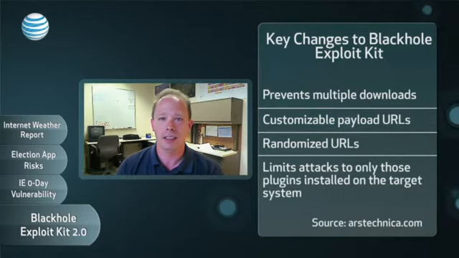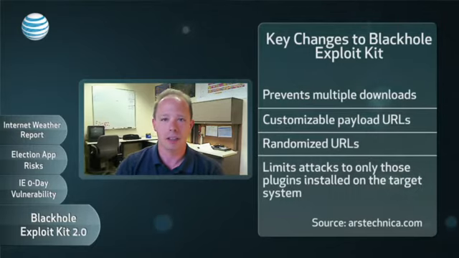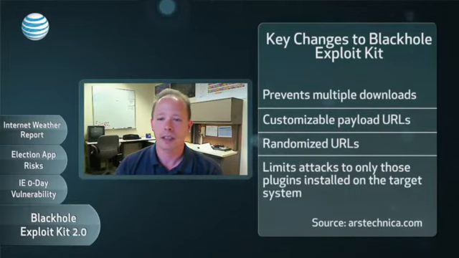And that was a pretty clear indicator that it was probably a Blackhole Exploit Kit landing page when you looked in your HTTP traffic. They've changed that now, so you can basically make it whatever you want, as long as it ends in .php. They've also added some other features where it can randomize the URLs if you want. So each time somebody new goes there, it gives them a completely different URL.